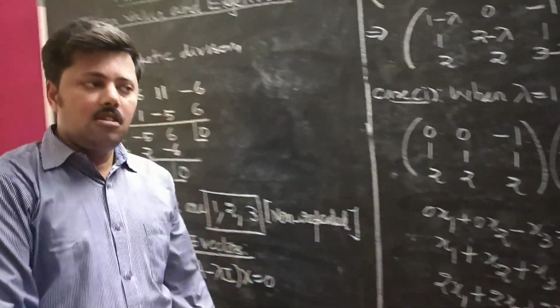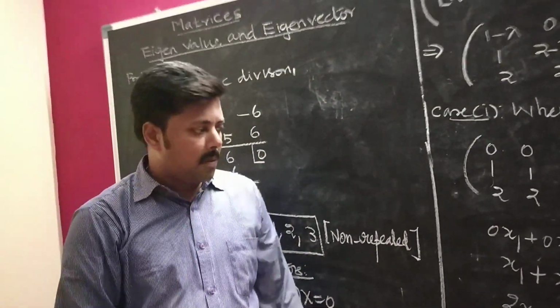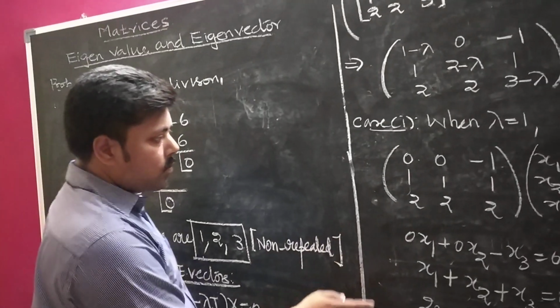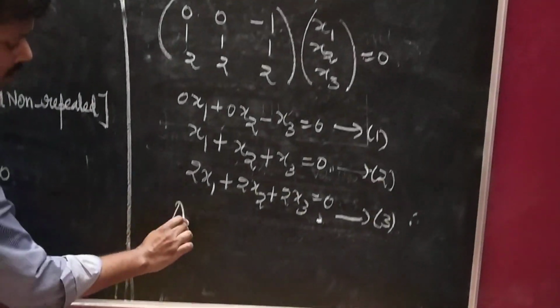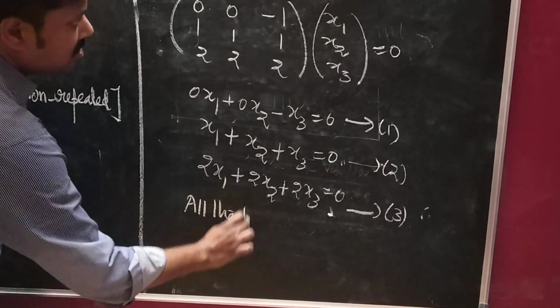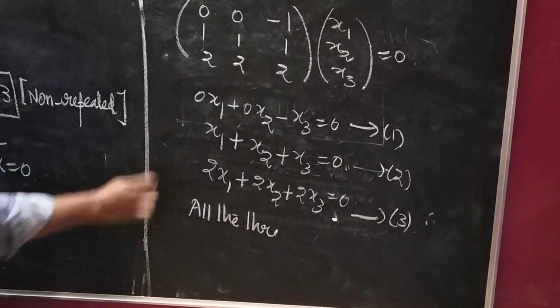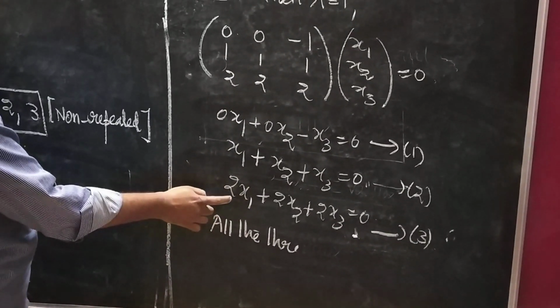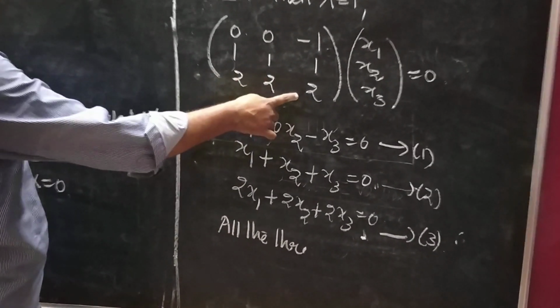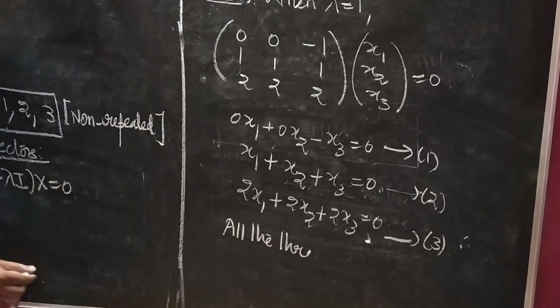So consider any two equations and solve by the cross multiplication rule. Which two equations are different? Here all three equations look different. If you divide by 2 in equation 3, we get 1, 1, 1. So equation 2 and 3 are the same.